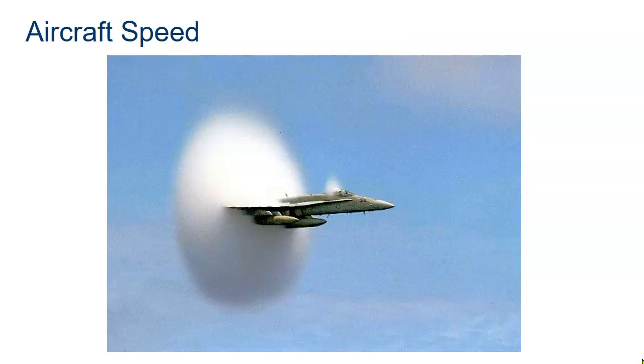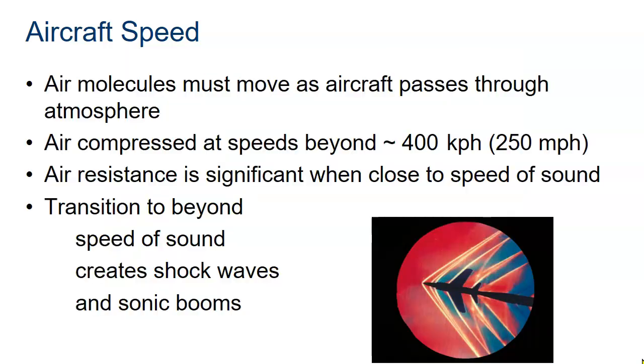You may have seen pictures like this. This occurs when the atmospheric conditions are just right, and when an aircraft breaks the speed of sound, you get this bell cloud that forms around it. Once you pass 250 miles an hour, you start having serious resistance from the air due to the compressed air.